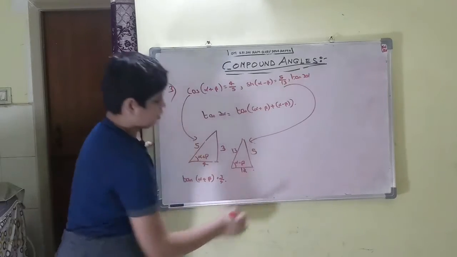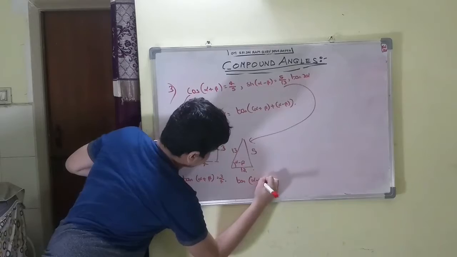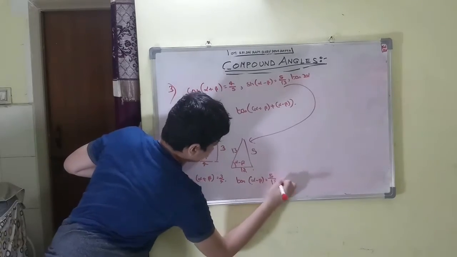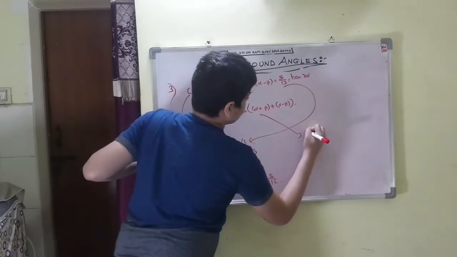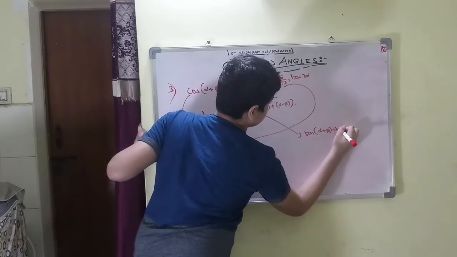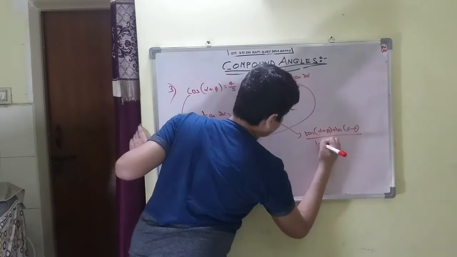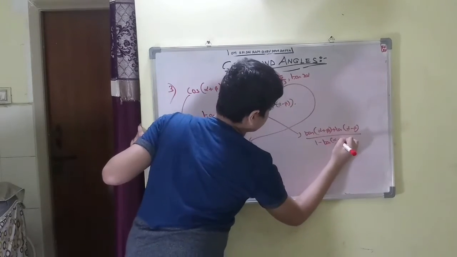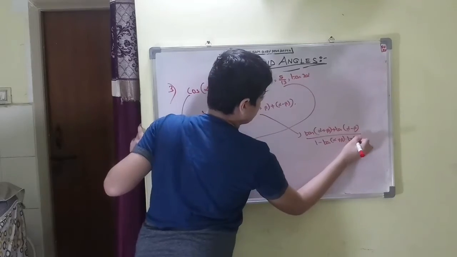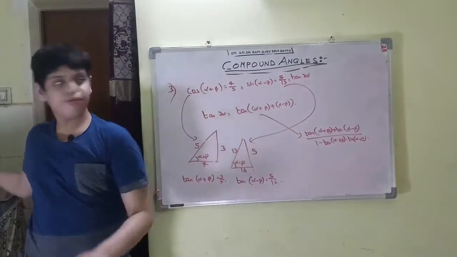So this is also a Pythagorean triplet, it will become 12. So tan of (alpha minus beta) is equal to 5 by 12. Now if we substitute here, this is tan(alpha plus beta) plus tan(alpha minus beta) upon 1 minus tan(alpha plus beta) into tan(alpha minus beta). Okay, I hope you have noted this. I am going to simplify it here.